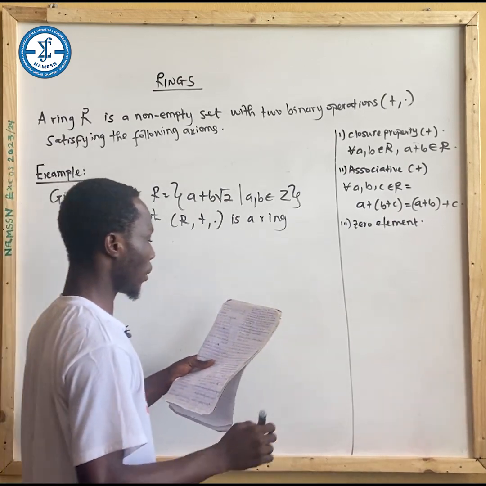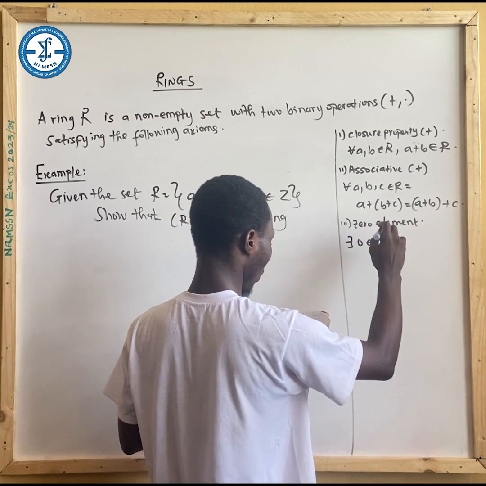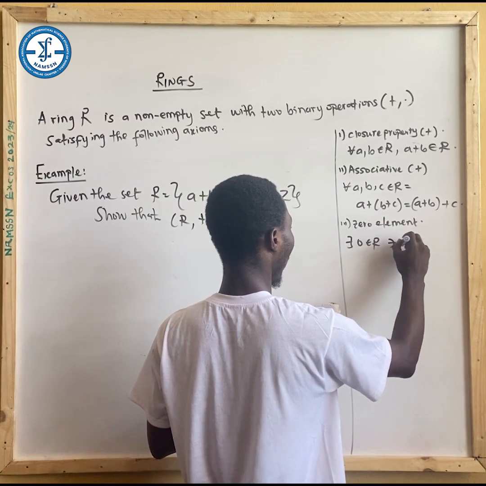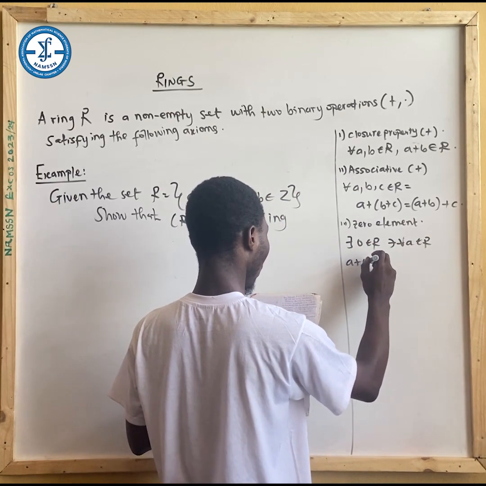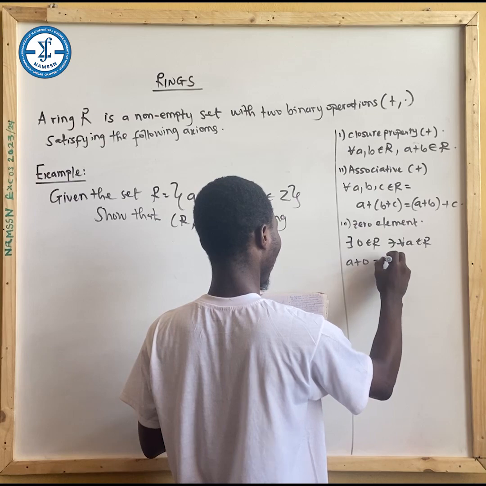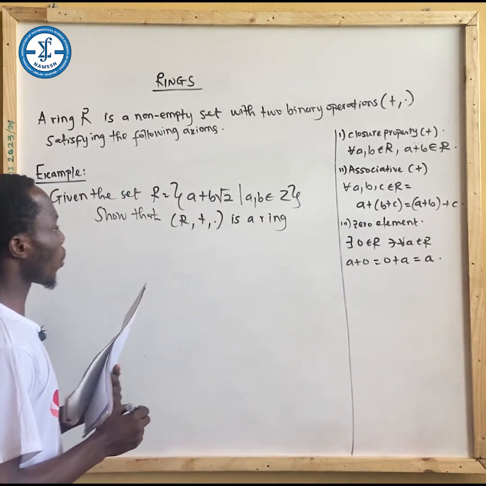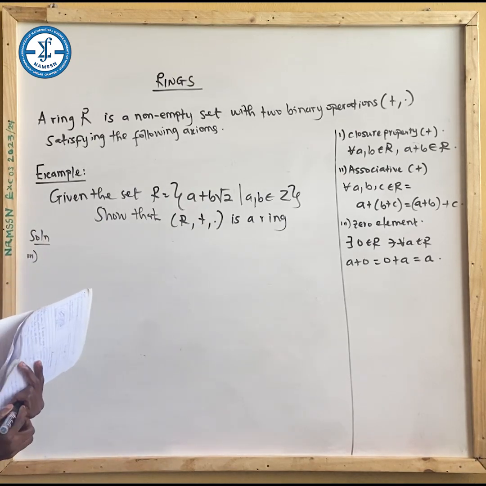This zero element is saying that there exists a zero in R such that for all a in R, a plus 0 equals 0 plus a equals a. So what we are going to do is to define what 0 is.